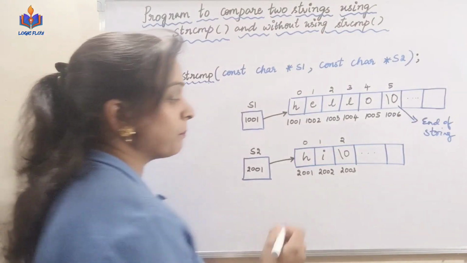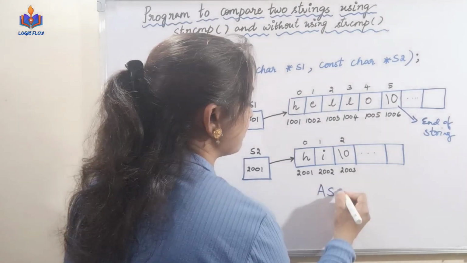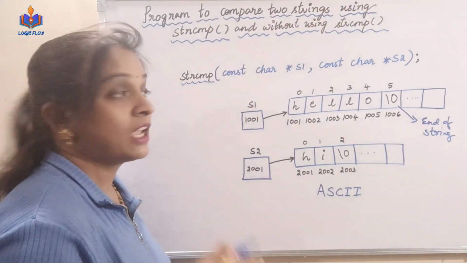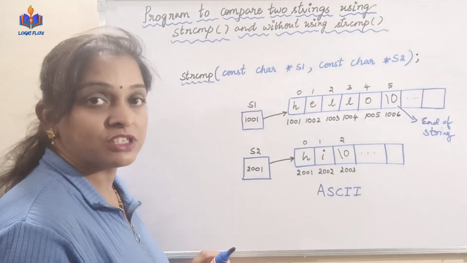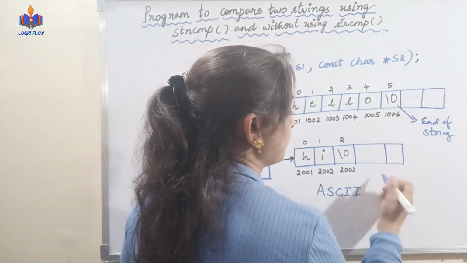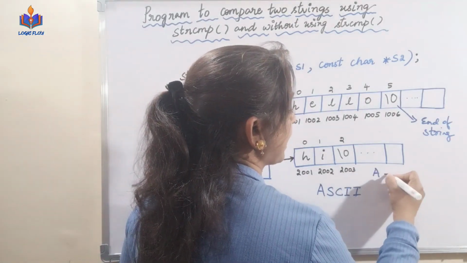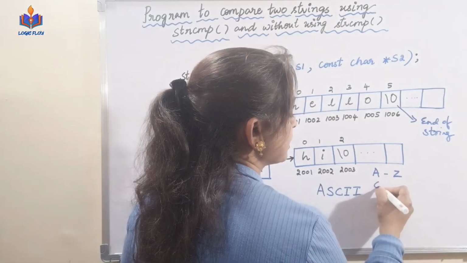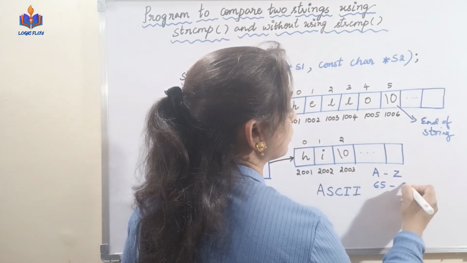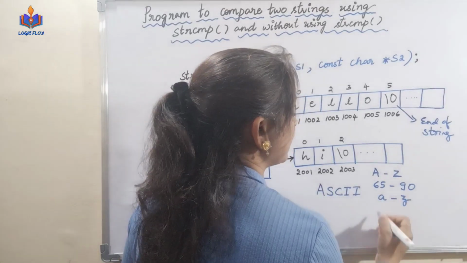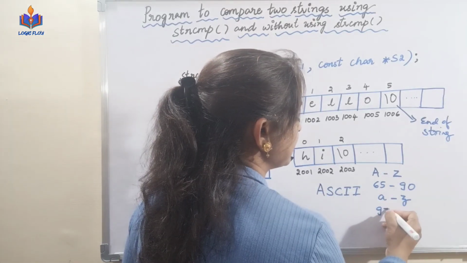It is going to compare with the ASCII value, American Standard Code for Information Interchange. Every character will have its unique ASCII value. You all know that. We have discussed that in the previous video. Capital A to Z, the ASCII value starts from 65 to 90. Lowercase a to z, it is from 97 to 122.